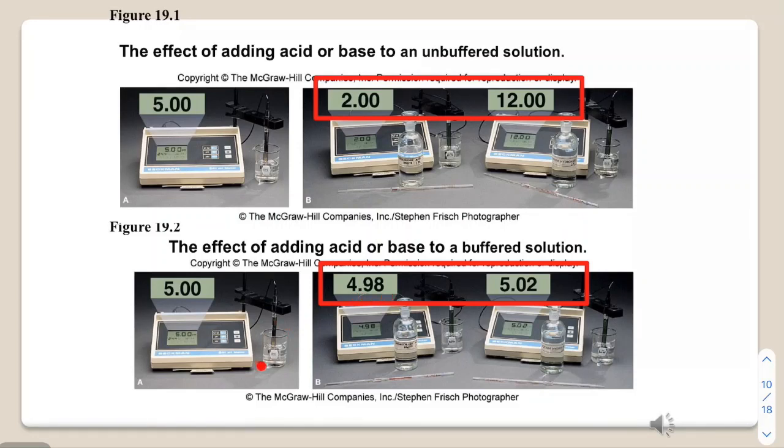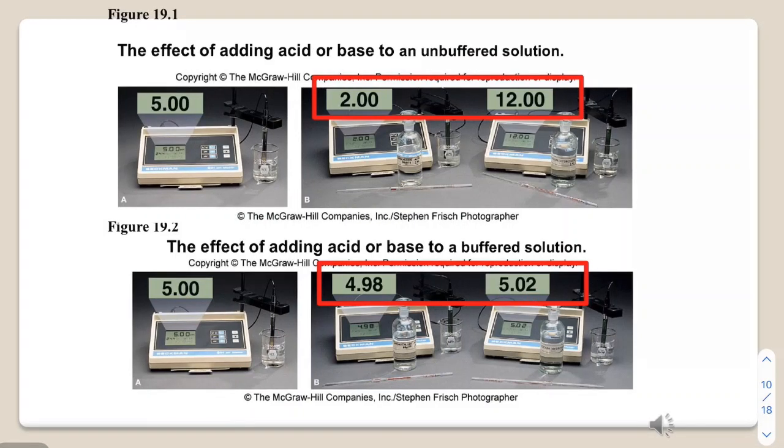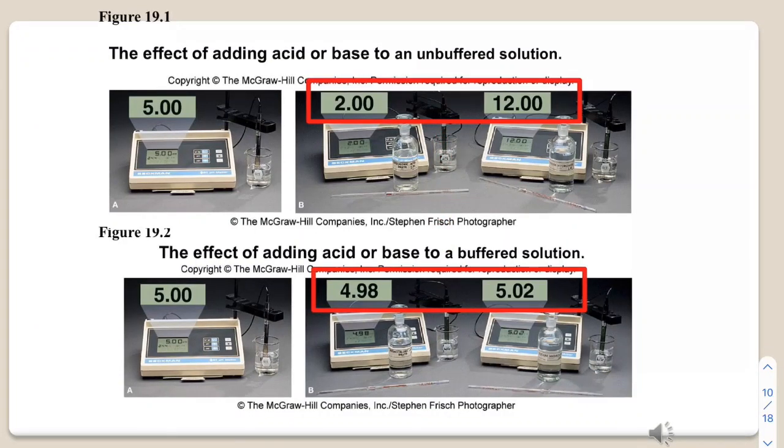And for the same buffer solution, when it is added with a small amount of strong base, the pH increases, of course, but only by 0.02, so from 5 it increased to 5.02. They are being added with the same amount, with the same acid and base. However, look at the difference in what happened to the pH of the solution.